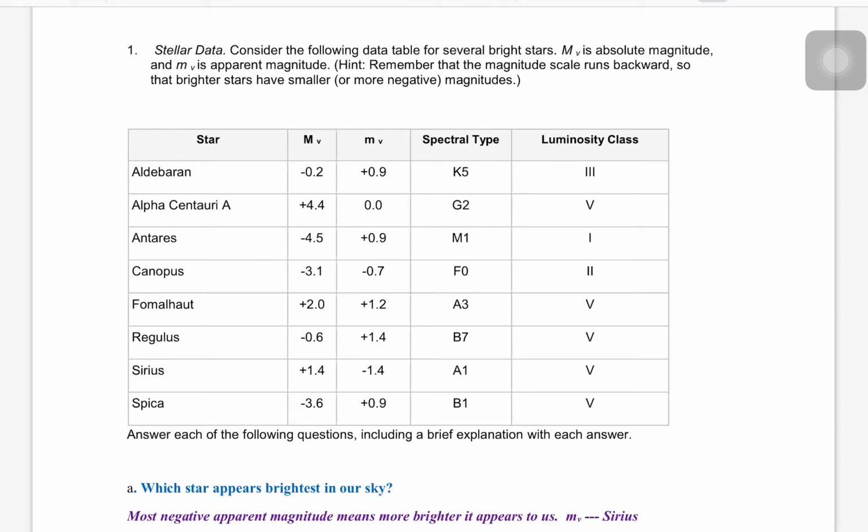As I mentioned here, this column is the absolute magnitude. This is the apparent magnitude. So let's find out the differences.